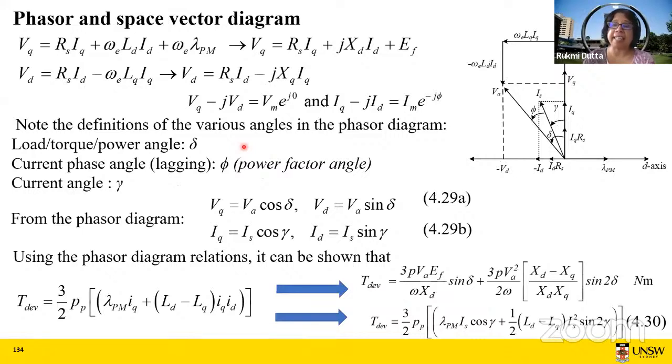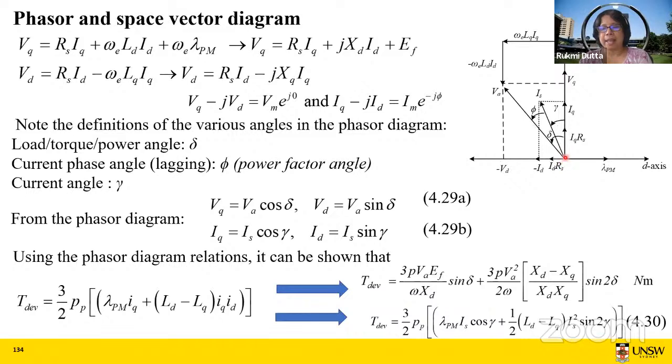You can probably see it in the phasor diagram, which has come from those steady state equations, as I said previously. There are a few things to notice here, those angles. Remember the delta angle? Delta angle was between the EMF and the terminal voltage. That is still the same delta angle.